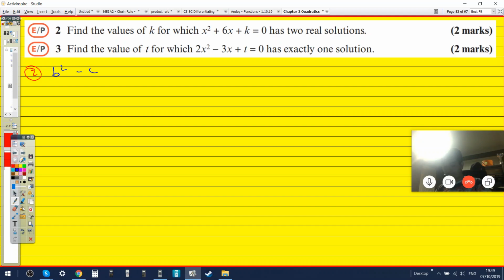And then I need to do 6 squared minus 4 1k greater than 0, and then it'll be 36 minus 4k is greater than 0, minus 4k is greater than minus 36, and then I need to do minus 36 divided by minus 4, which will be 9. And then will it be k is smaller than 9? Yeah.